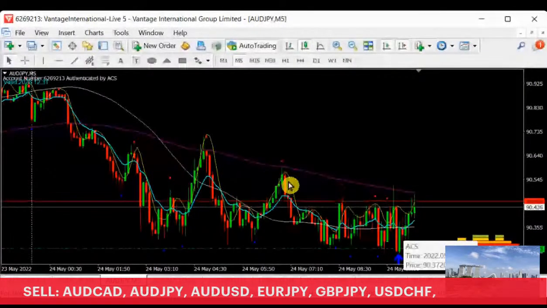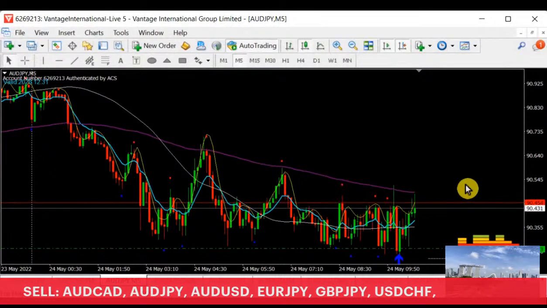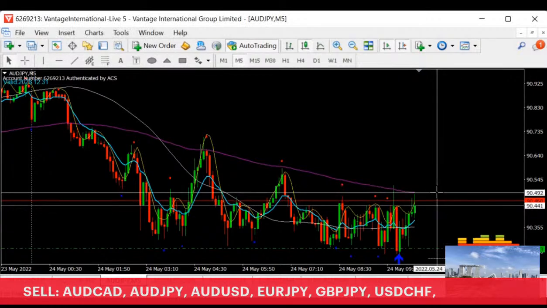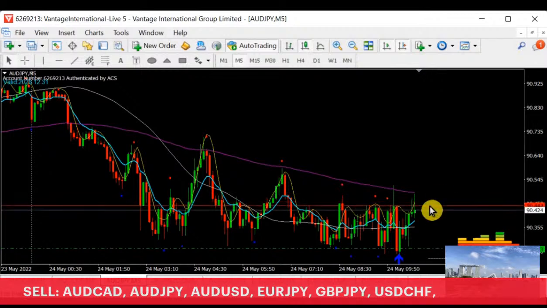This shows that there's a resistance around this area. It's a good guide that tentatively the resistance area may be here and may give another push when it reaches here.